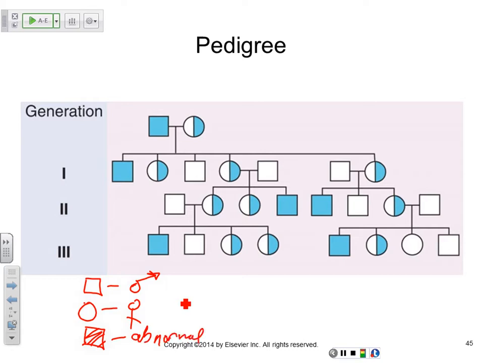Of course, the half-shaded would be a carrier. When you look at this, what do you think might be going on in this pedigree?